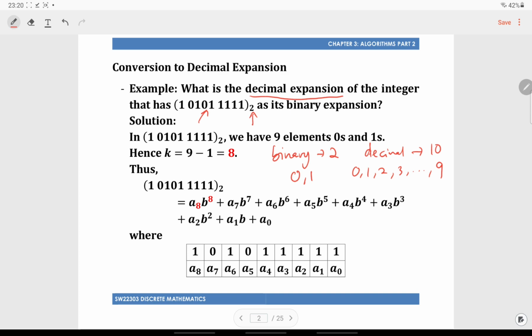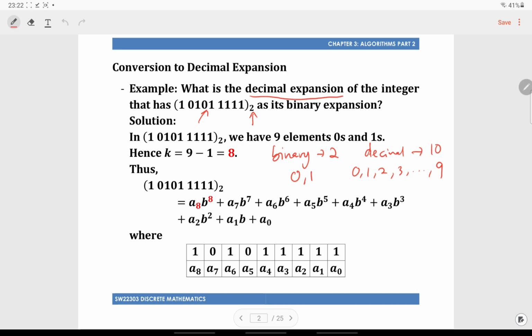In the given binary expansion, we have 9 elements, which are combinations of 0 and 1. Hence our value of k equals 9 minus 1, which is equal to 8.